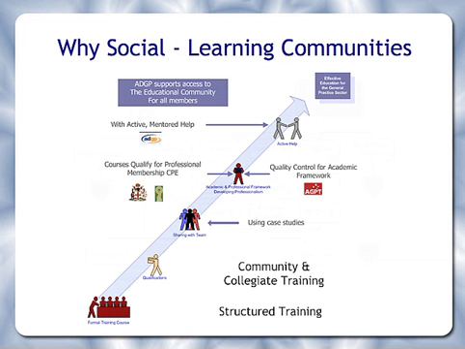Now, so why do we want to make it dynamic, and why do we want to take it away from static? Because when you're creating a learning community, then people really do need to interact. Now, the formal training course would traditionally be more at the static end of what we would construct. So even taking it through to qualifications, in that sense not a lot of interaction is necessarily required.